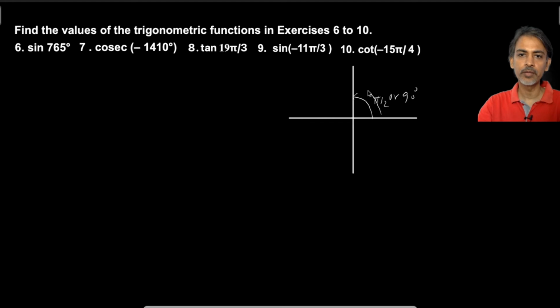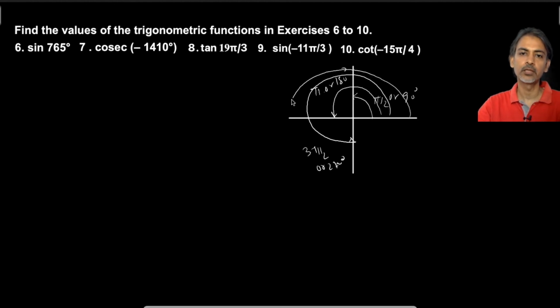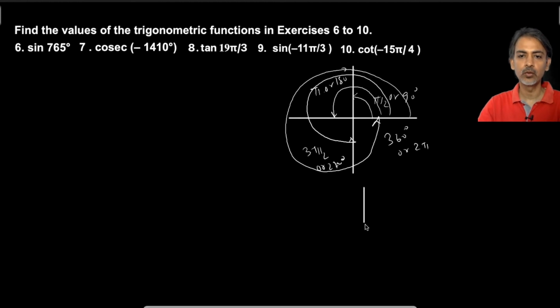When we go from here to here, then our value would be pi or 180 degrees. When we go from here to here, then the value will be 3 pi by 2 or 270 degrees. And finally from here to here, it will be 360 degrees or 2 pi. Similarly, you can go in the other direction as well and get the values.